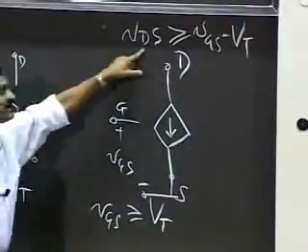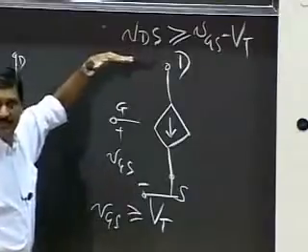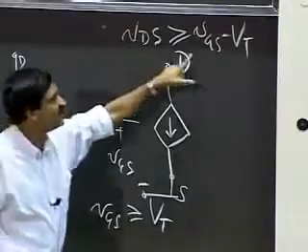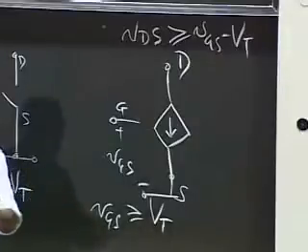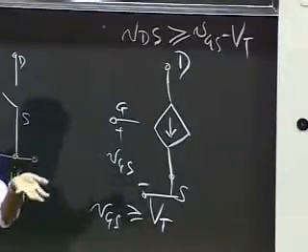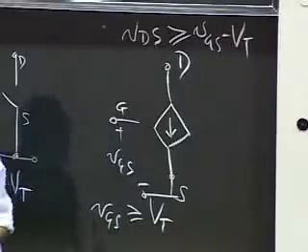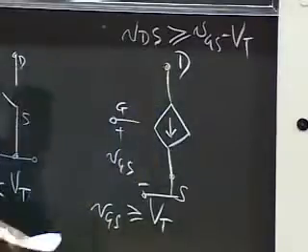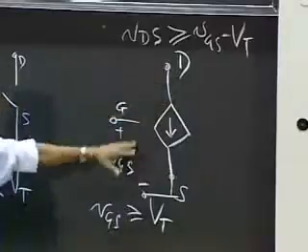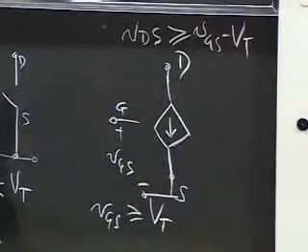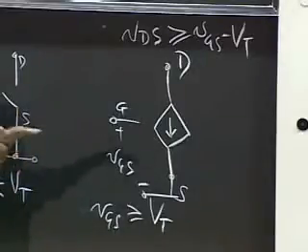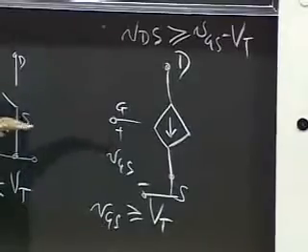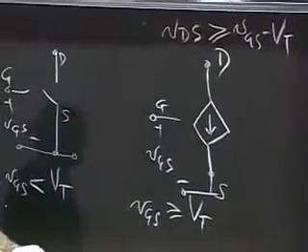So when my drain voltage goes above VGS minus VT, say VGS is 3 volts and VT is 1 volt, then if VDS goes above 2 volts, if I'm hammering the drain of the MOSFET with a higher voltage, then the device says, I give up. I can't show you nice resistive behavior, and the current saturates out, and it doesn't allow you to draw any more current than a maximum value. Okay, and that's the current source behavior.